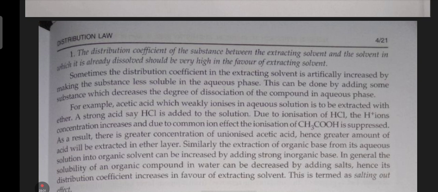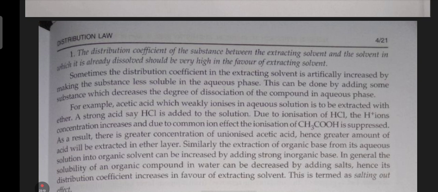A strong acid, say HCl, is added to the solution. Due to ionization of HCl, the H positive ion concentration is increased, and due to the common ion effect, the ionization of CH3COOH is suppressed.